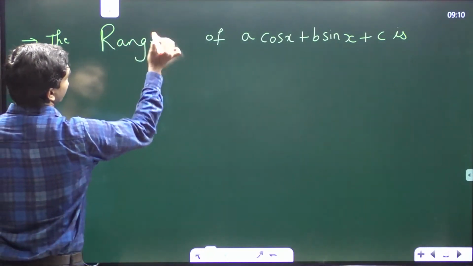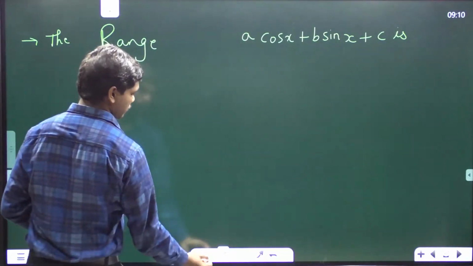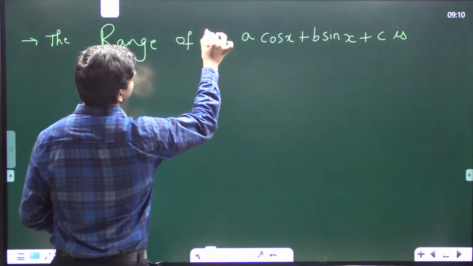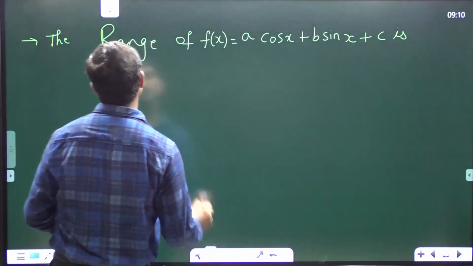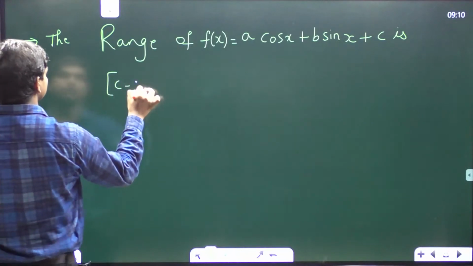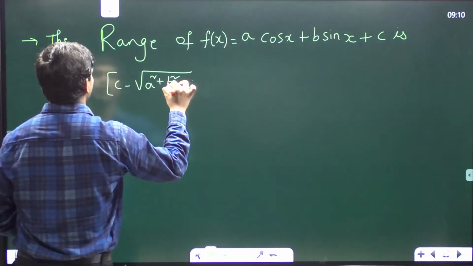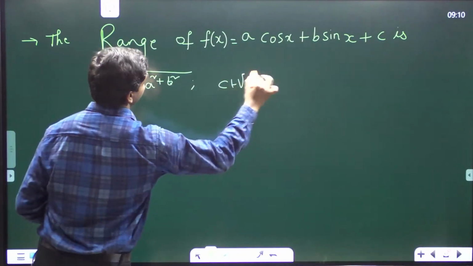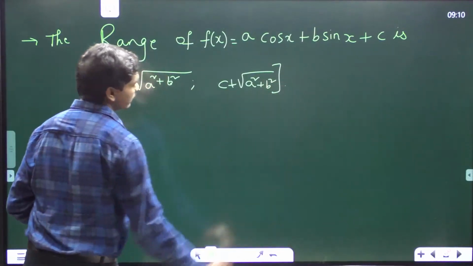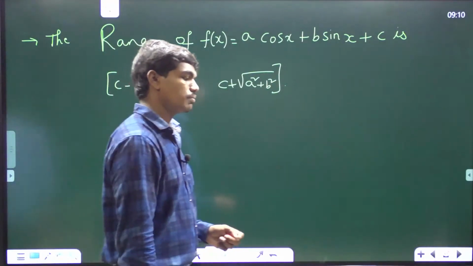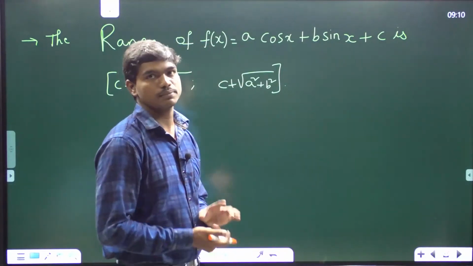The range of f of x is equal to A cos x plus B sin x plus C is from C minus root of A square plus B square to C plus root of A square plus B square. Yes, maximum value is C plus root of A square plus B square and minimum value is C minus root of A square plus B square.